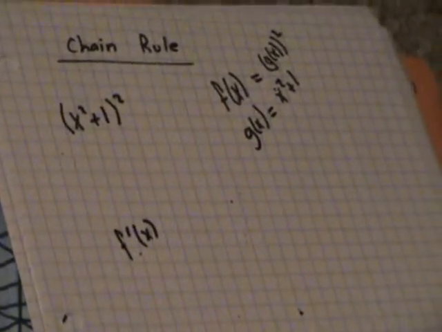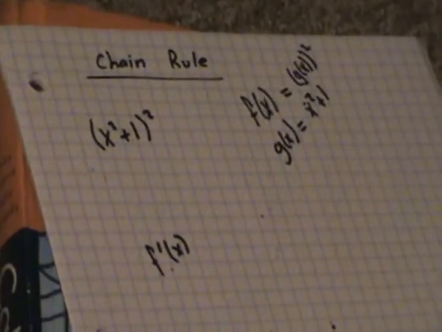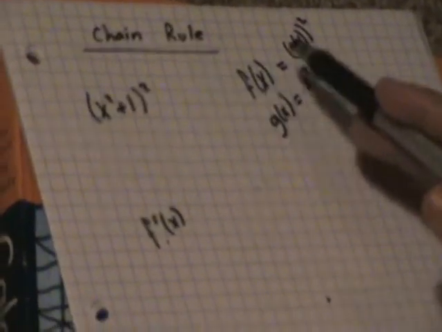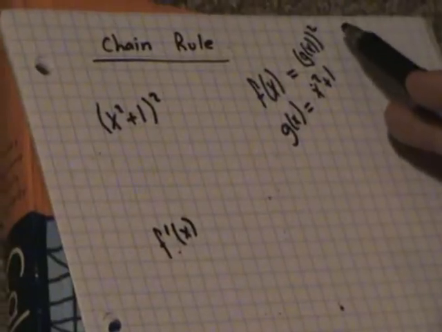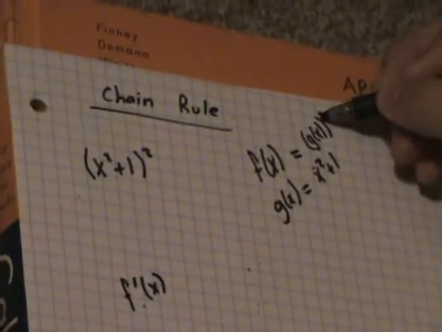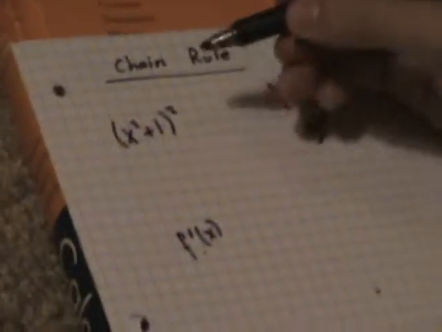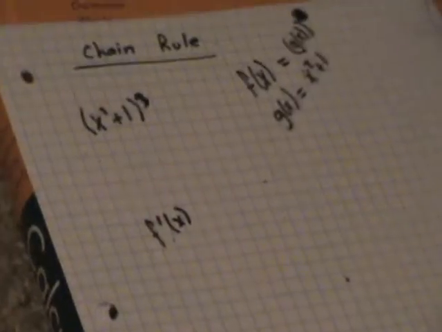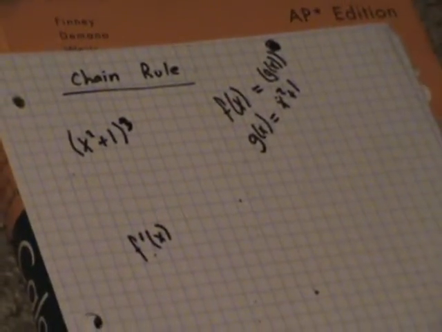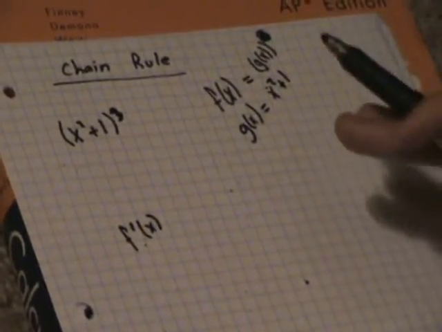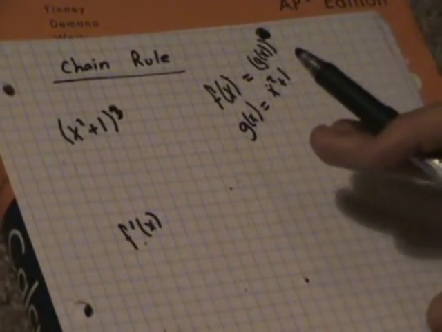This could just, in the beginning, confuse me, but here's what it is. f of x is g of x on the outside. Whatever the outside is, that is the outside definition of f of x. Take away that squared. This could be anything, it could be cubed. Let's make that a cube just for the heck of it. But f of x is the outside function of it that makes it the chain rule.